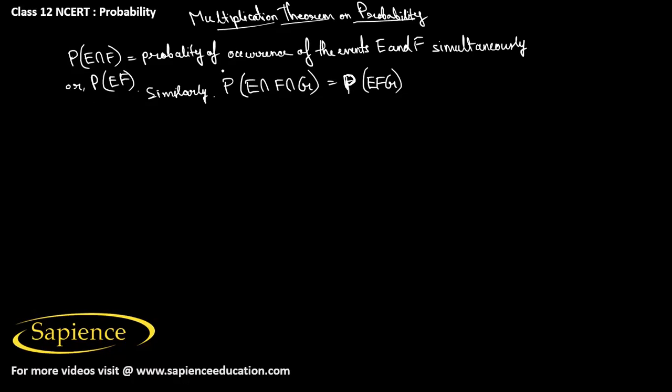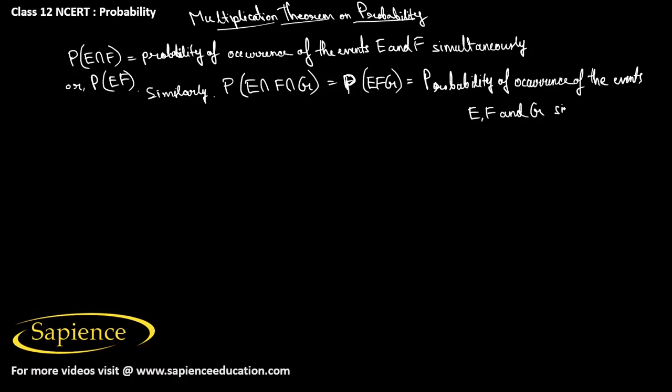This will be written as the probability of the occurrence of the events E, F, and G simultaneously.